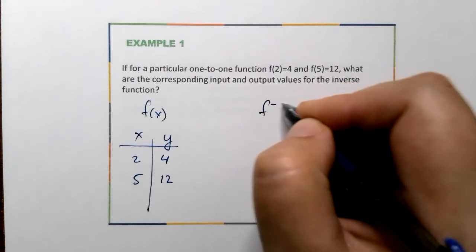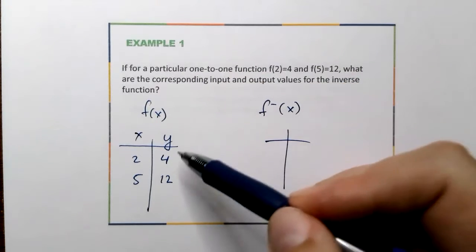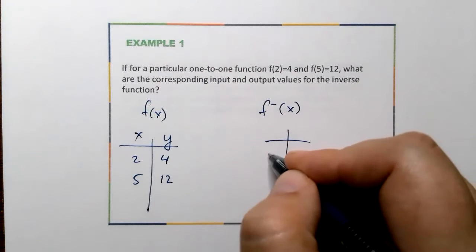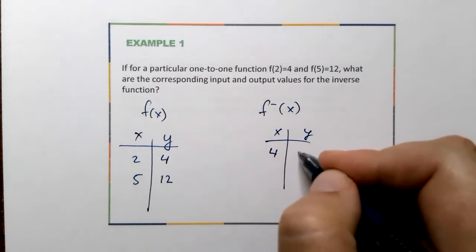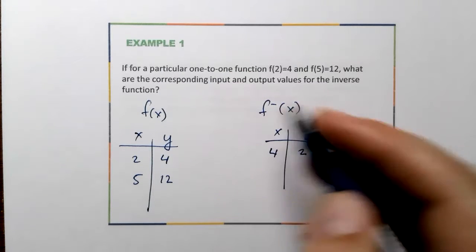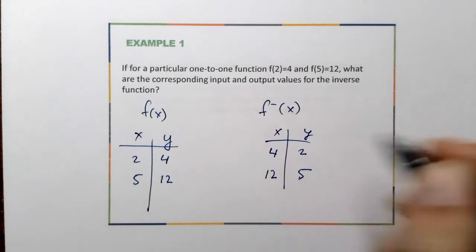Now for the inverse, remember the inverse takes in the y and spits out the x. So it's going to have 4 for the input and it's going to give us 2 for the output. And it's also going to take in 12 and spit out 5.